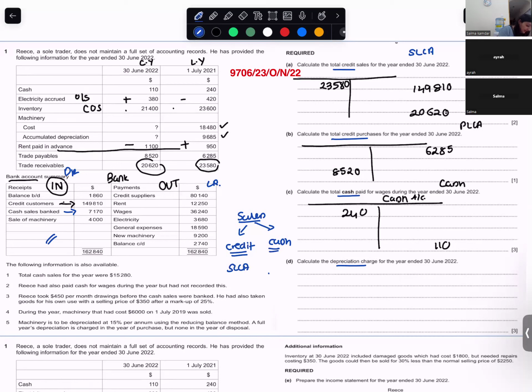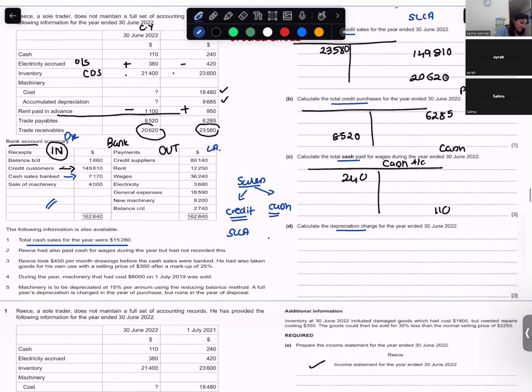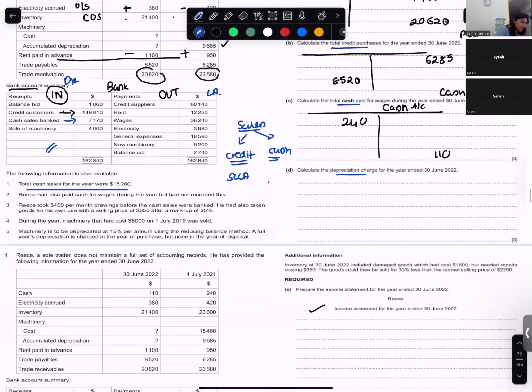Now I'm seeing over here total cash sales for the year is 15,280. So can you give me total cash sales? Wait. 15,280 plus 7,170. So I know I have to make an income statement as well. So that'll be 22,450.